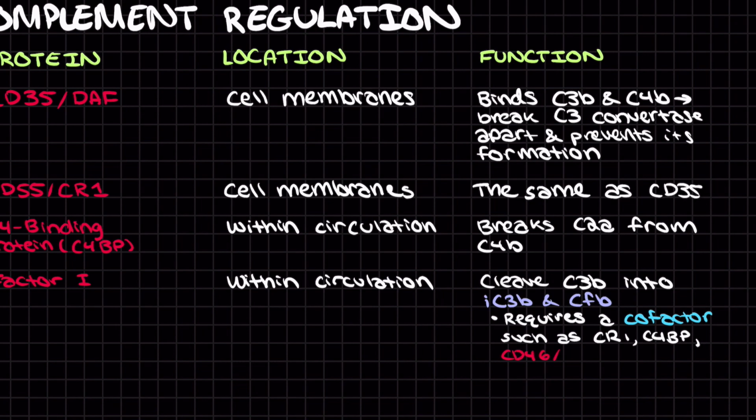And CD46 is also known as MCP, which stands for membrane cofactor of proteolysis, which means the breaking of a protein. And the last cofactor that we haven't discussed yet is one that is known as factor H. So this is all the ways that we can regulate C3 convertase.